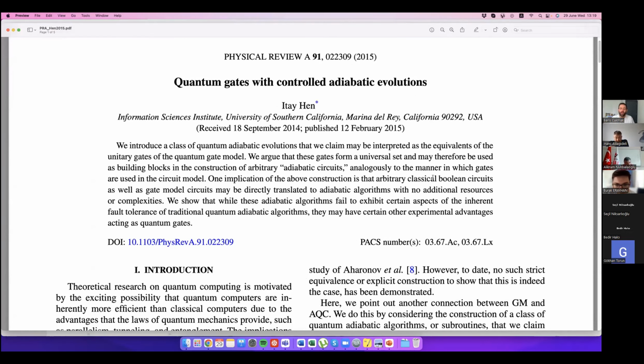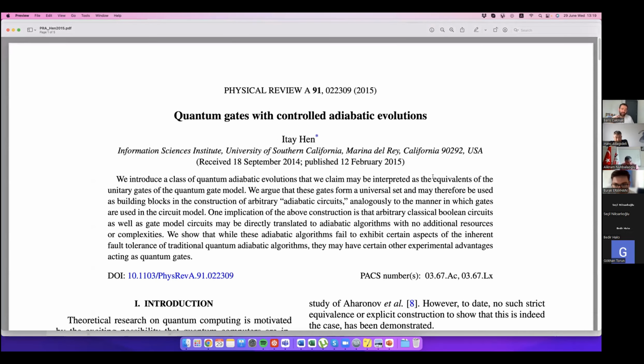This basically uses counter-diabatic driving, but in this paper and in a couple of following papers, people introduce ways to map adiabatic quantum computing to the circuit model of quantum computing, or gate-based quantum computing.